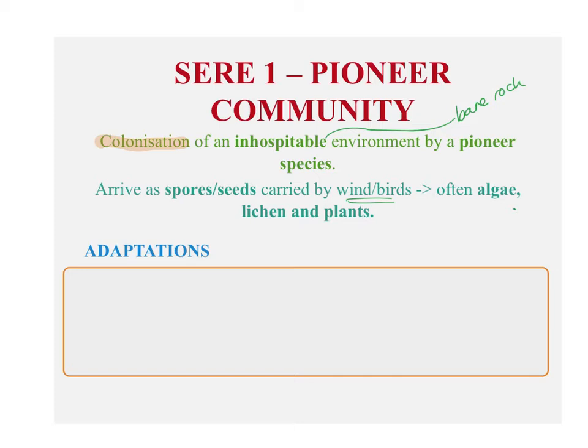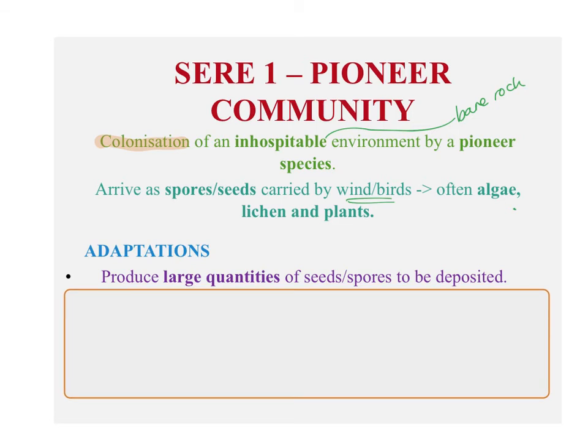And the plants that we're developing or growing as our pioneer species are going to be those that form very shallow lawns. So things like algae, things like lichen that can coat surfaces of exposed rock and still grow, because that's how they want to grow, and very small mossy plants. And these pioneer community species generally have very similar adaptations.